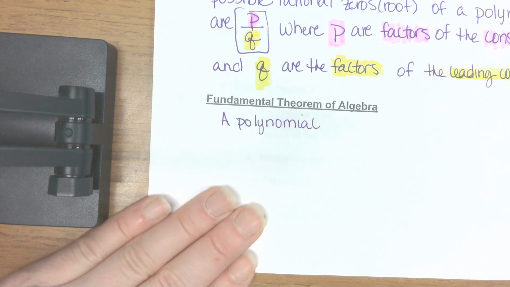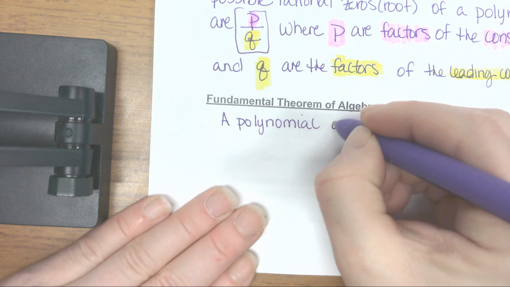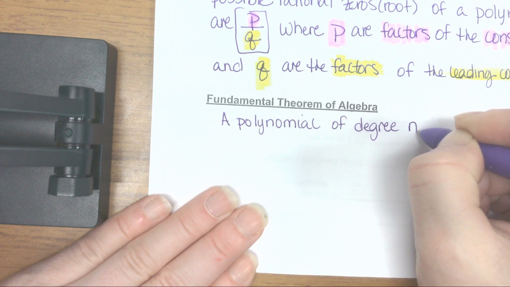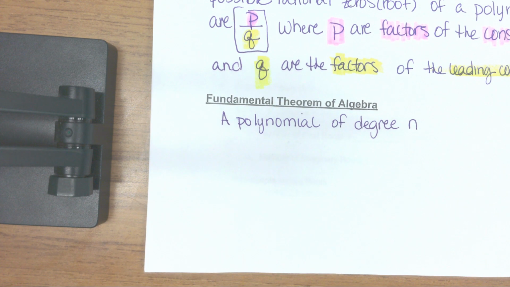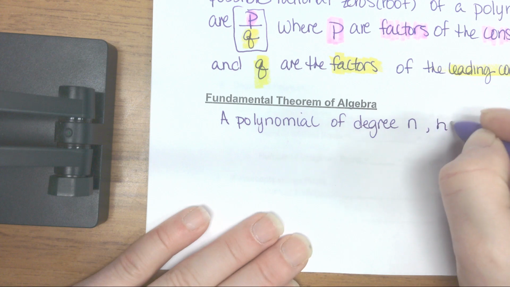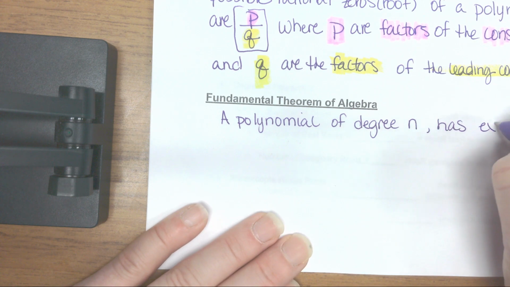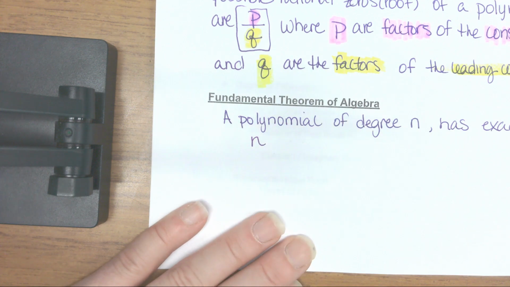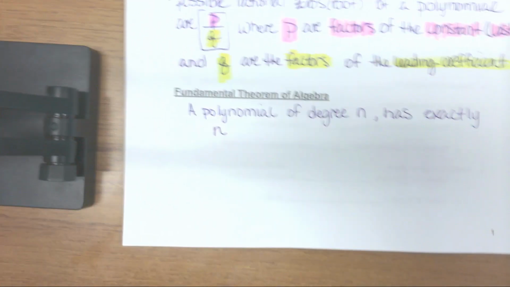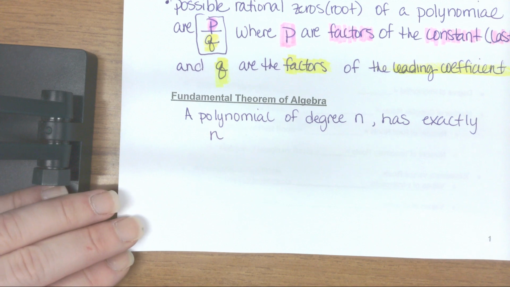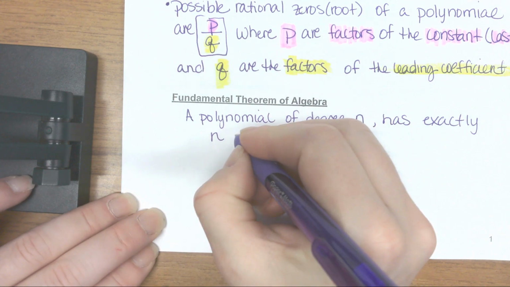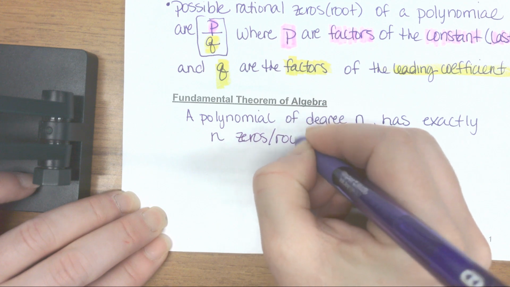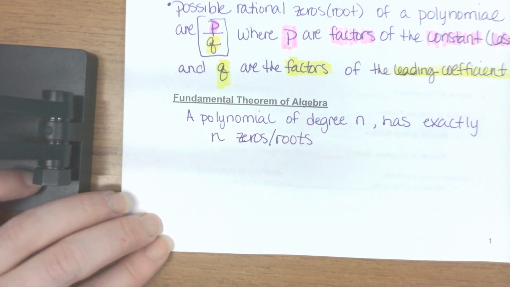A polynomial of degree n has exactly n, oh, you can't see it, has exactly n zeros or roots, using that term interchangeably.